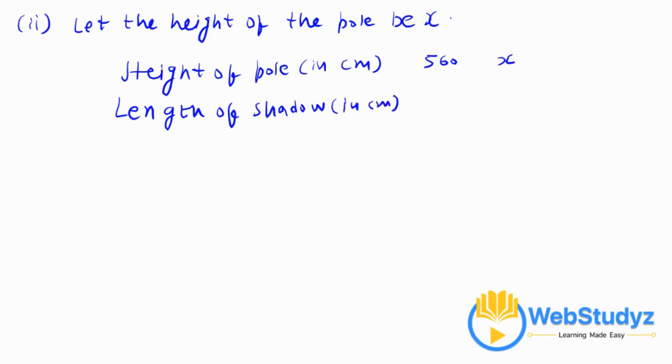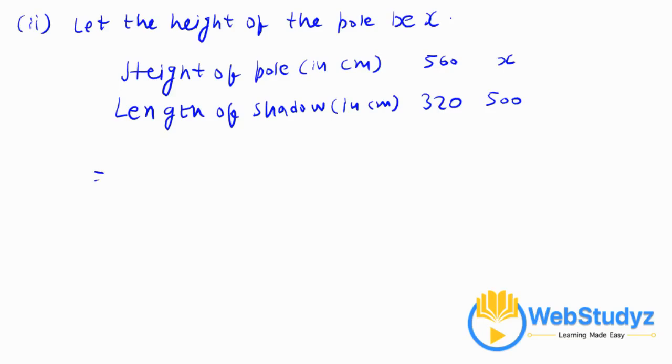For 560 height, the length of shadow is 320, and length of shadow is given as 500. So we have to calculate the height of pole.